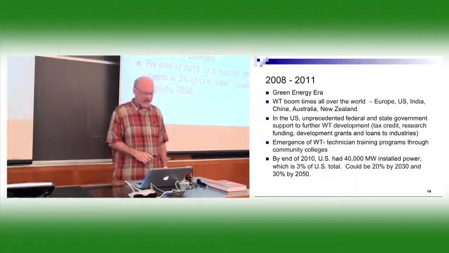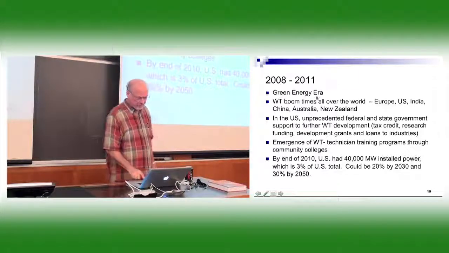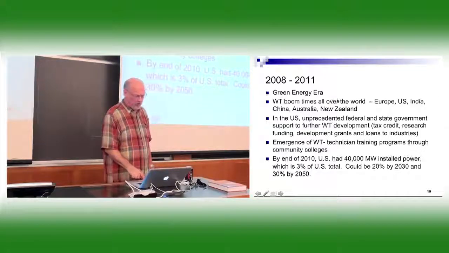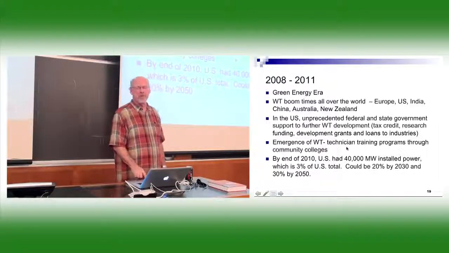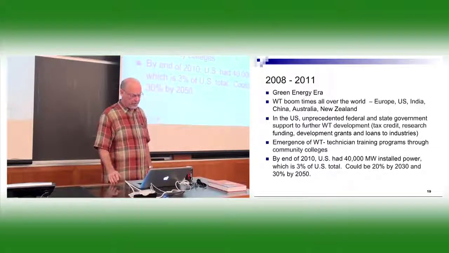2008 to 2011, these last 3 years, is sort of the green energy era. The wind turbine booms have been all over the world, especially in Europe, US, India, China, Australia, and New Zealand. In the United States, unprecedented federal and state funds support wind turbine development. There's tax credits, research funding, development grants, loans, wind turbine technician training programs through community colleges, like I talked about at Mesa Lands Community College in Tucumcari.